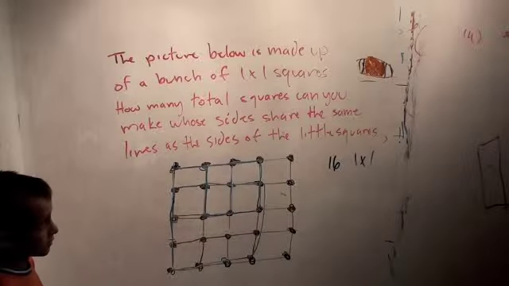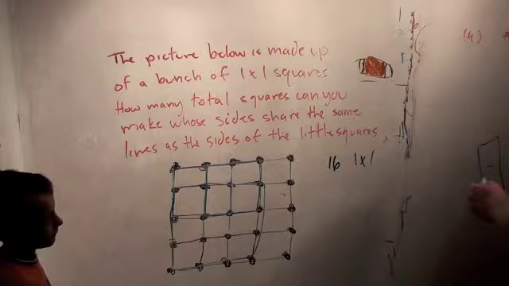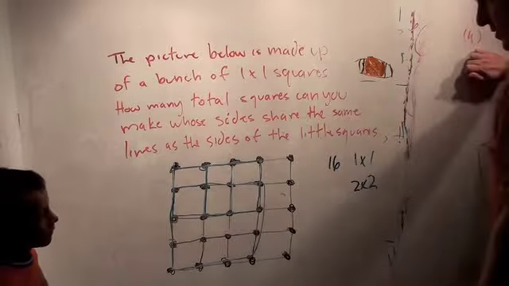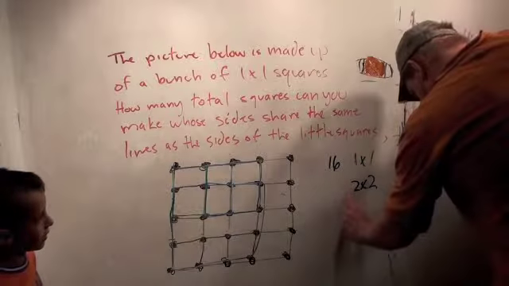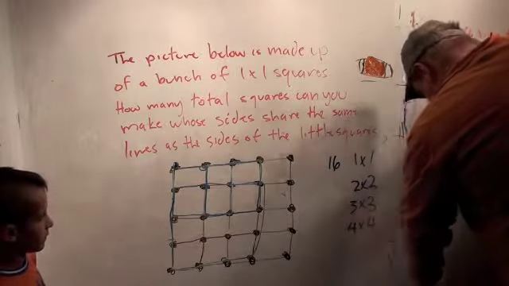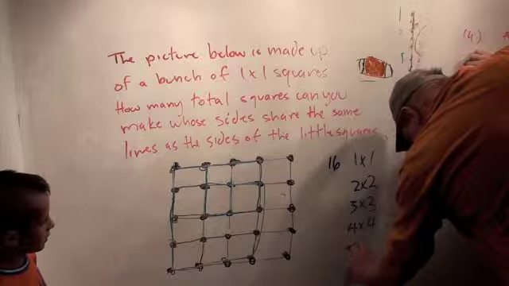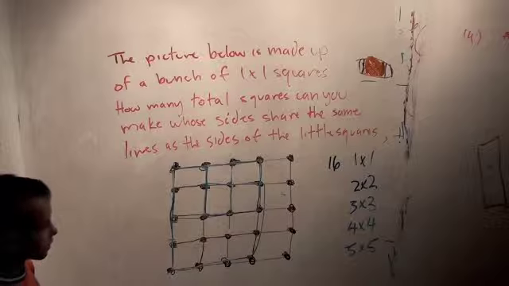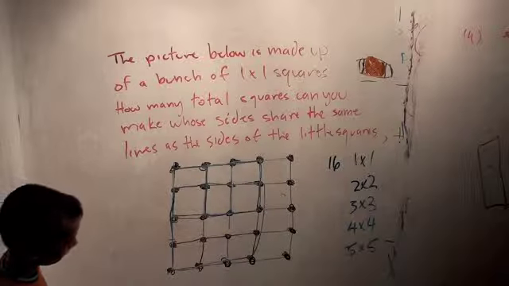The 2 by 2s. And then what are we going to count after that? 3 by 3s. And then the 4 by 4s. And then the 5 by 5s. Good.